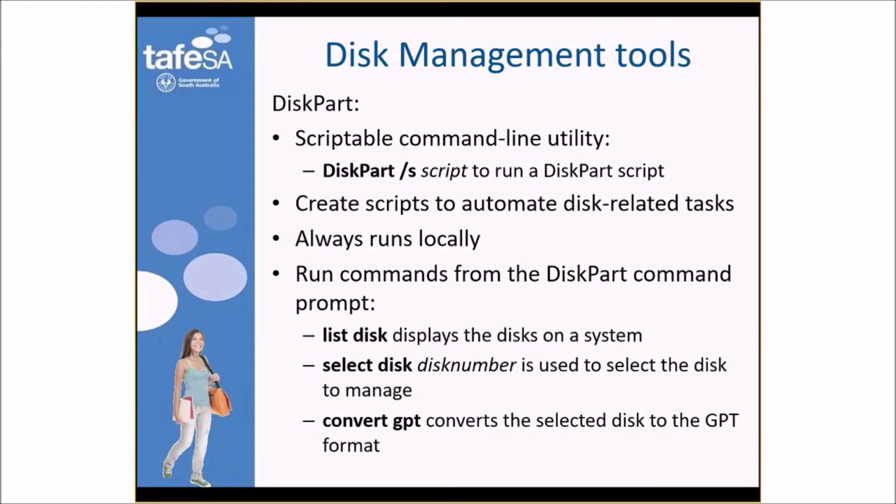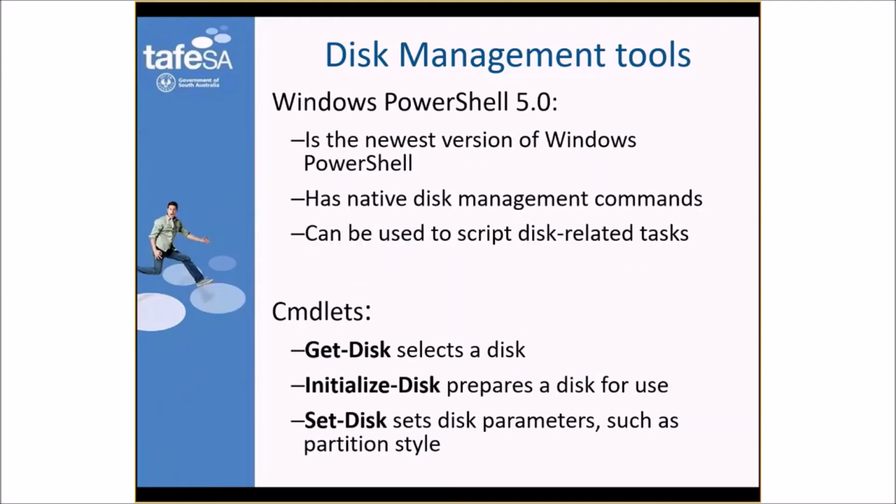So this part is a scriptable command line utility. We can create scripts to automate disk-related tasks. It always runs locally, and runs commands from the diskpart command prompt, like list disk, select disk, convert gpt, as some examples. There's the PowerShell. I've been saying it quite a lot.